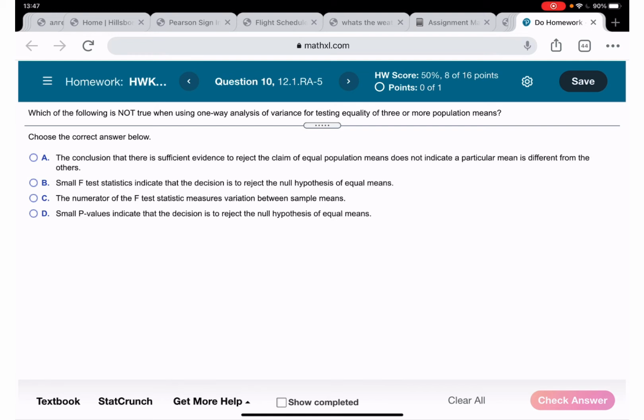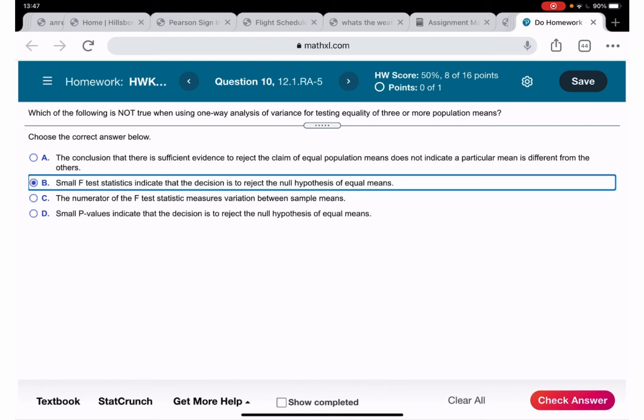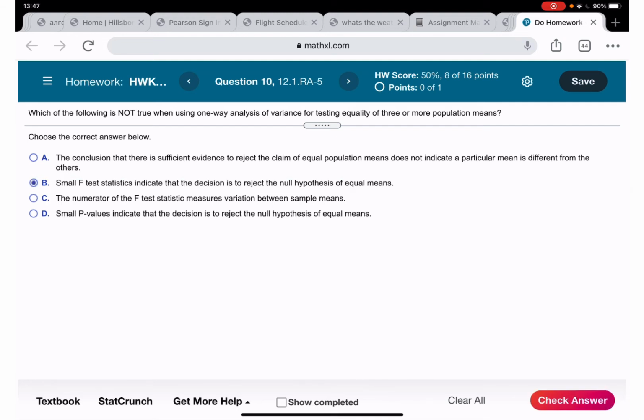Actually, no. I thought it's a p-value. No, that one is not true. The small F-test statistic cannot indicate the decision to reject the null hypothesis of equal means. I'm choosing this one, definitely. But let's see the rest. The numerator of the F-test statistic measures variation between sample means.